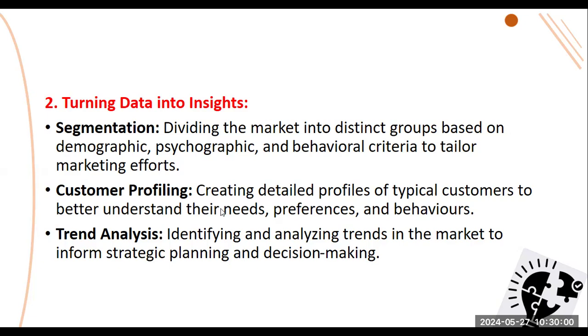Psychographic is also like that. A travel agency, as you all know, segments the market based on lifestyle and personality types. Lifestyle means adventure seekers, luxury travelers, family vacationers, like that. They can have these segments, and then they try to offer products and promotions to the needs of the particular segments.